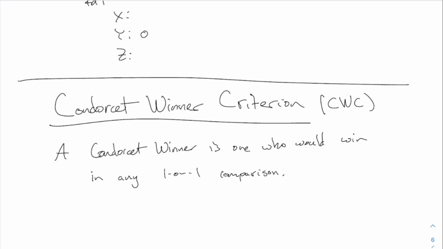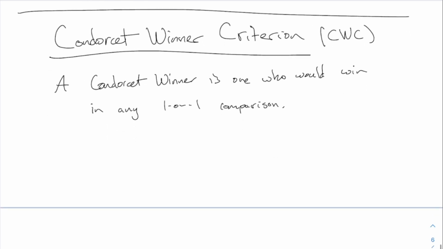That means if there is a Condorcet winner, somebody who would win in all the one-on-one comparisons, then that person should win the election. All right? So that's what the Condorcet winner criterion says. So here's the definition.